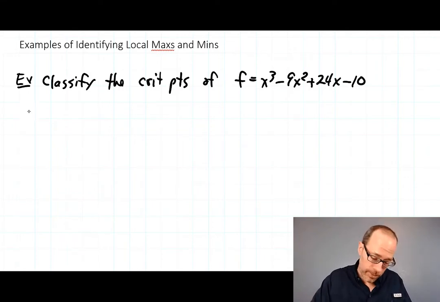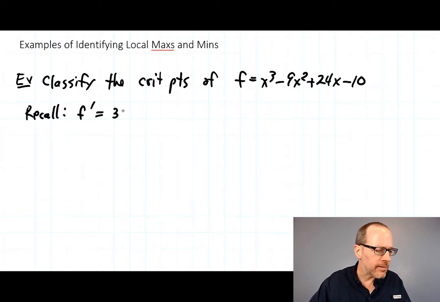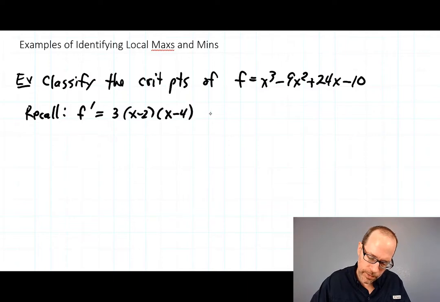Remember, we already had that the derivative was 3 times (x minus 2) times (x minus 4). So that meant that x equals 2 and 4 were the critical points.